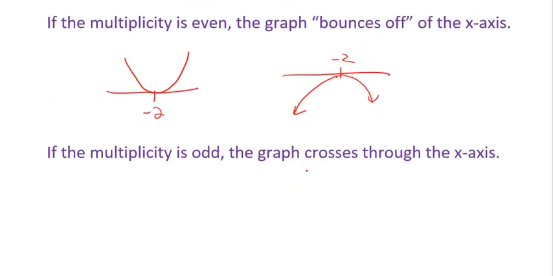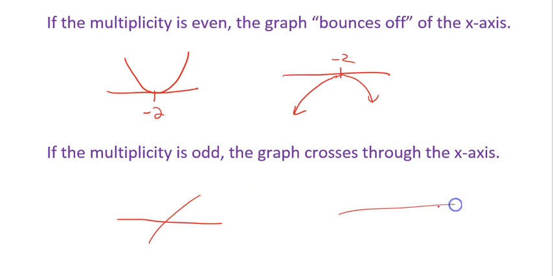If the multiplicity is odd, so the 1 that we don't write, the 3, if it counts 3 times, like in example 3, those kinds of graphs go through the x-axis. They cross through the x-axis. Usually if something is multiplicity 1, it's a really clear, going right through it, obvious thing.